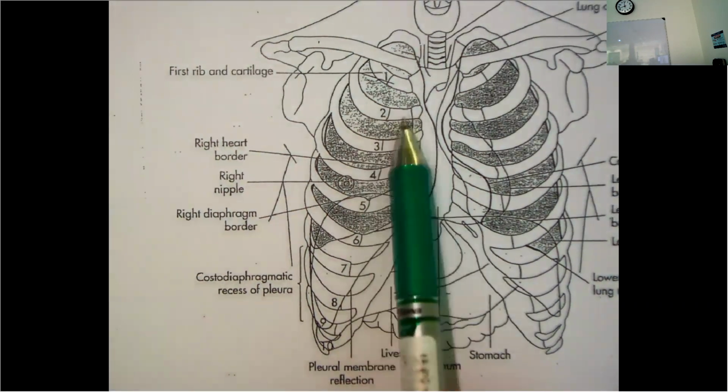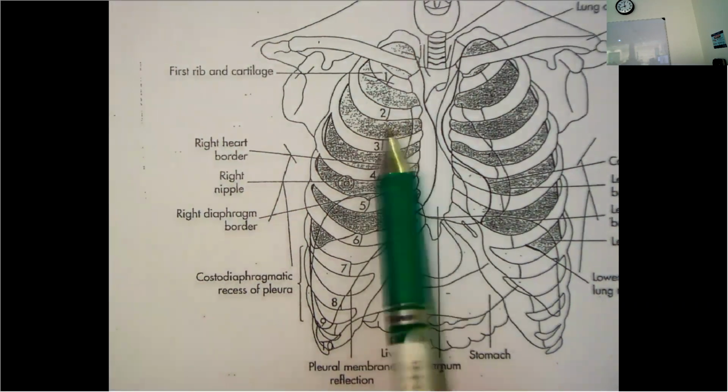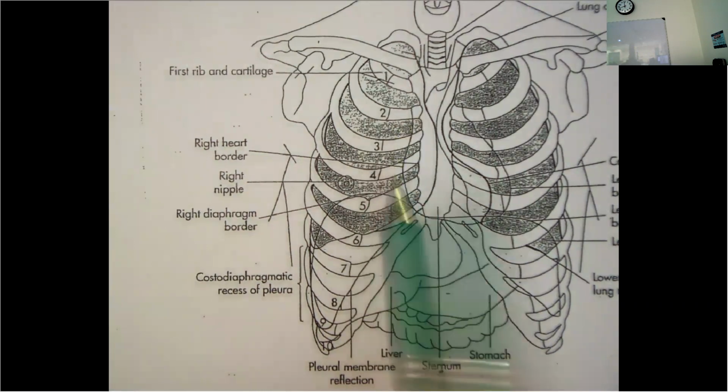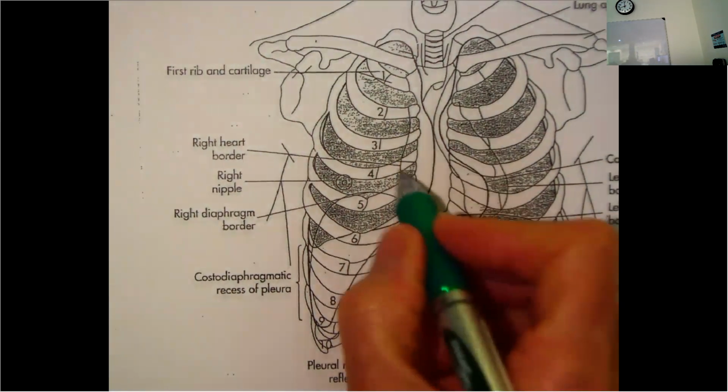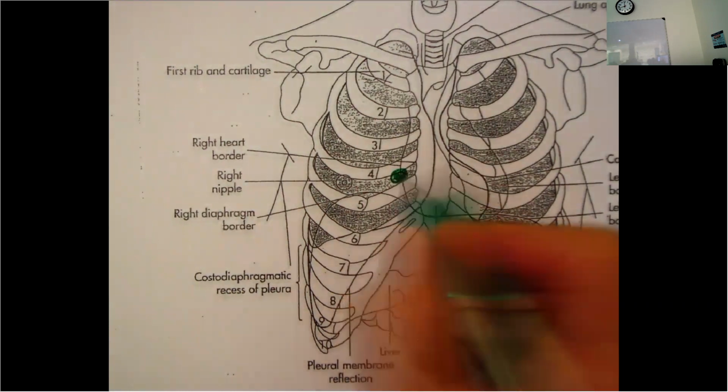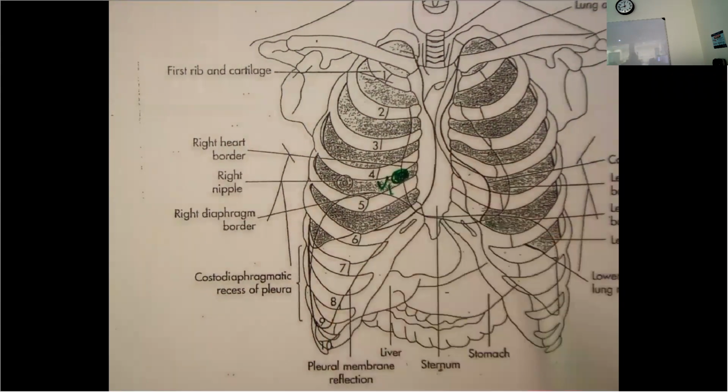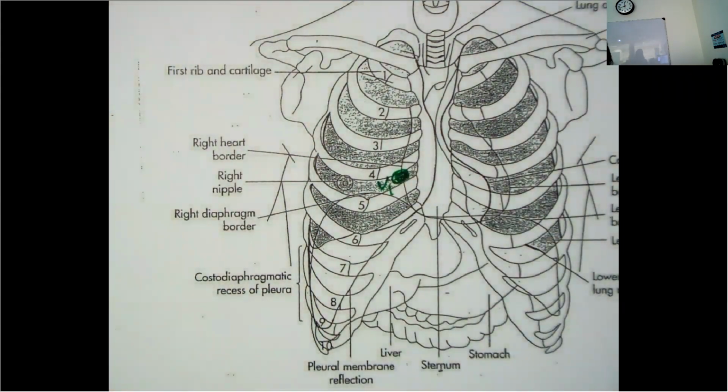So here's my second rib. Do I put it here? No, fourth intercostal space. All right, so that's where V1 goes. Where does V2 go?